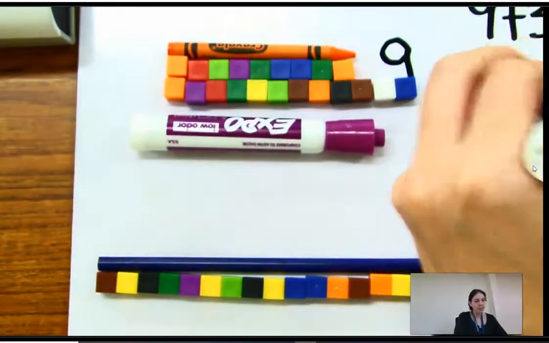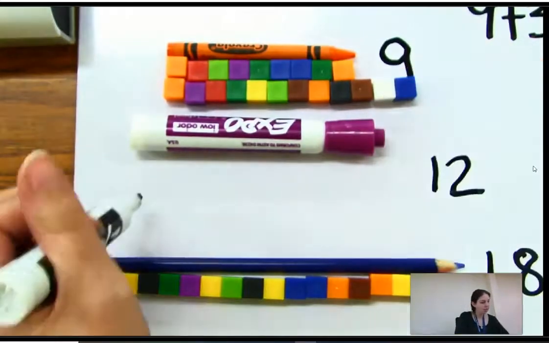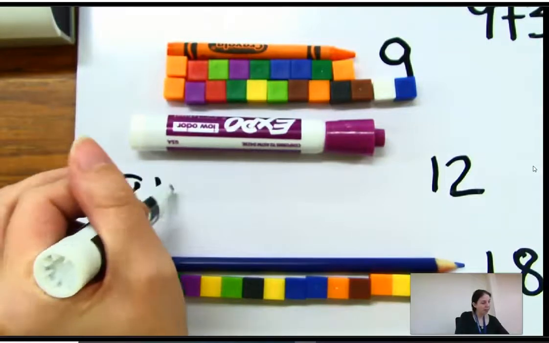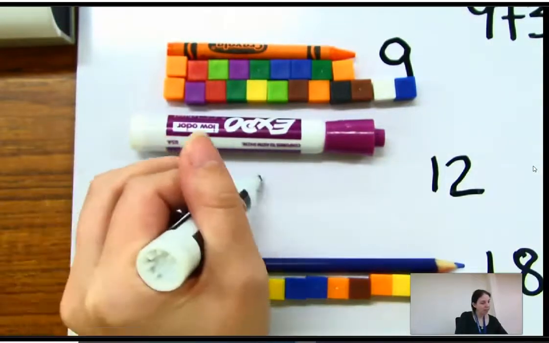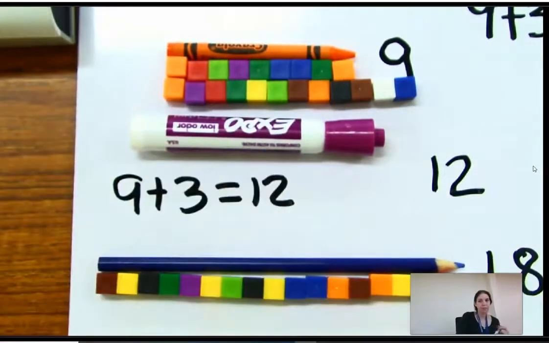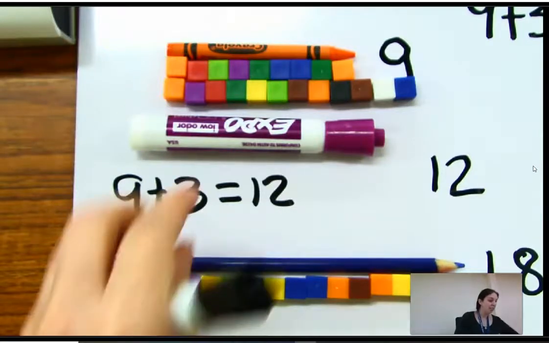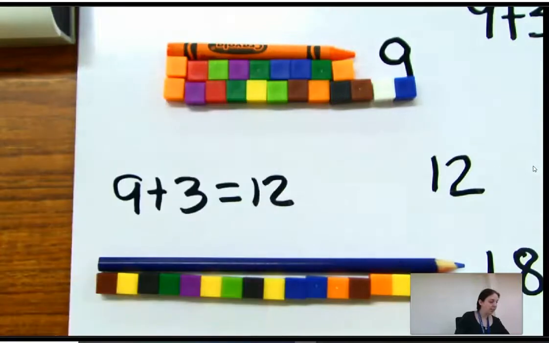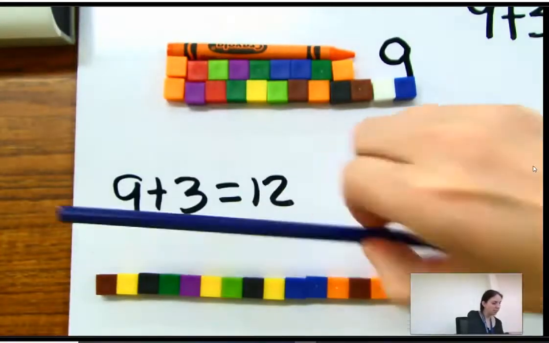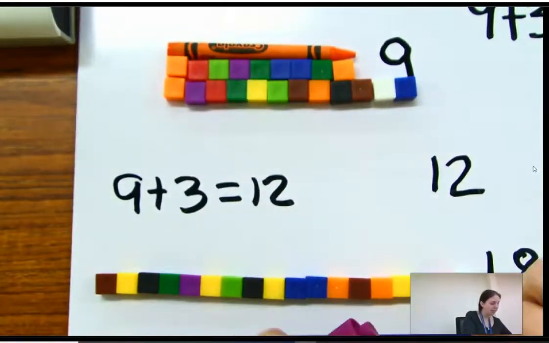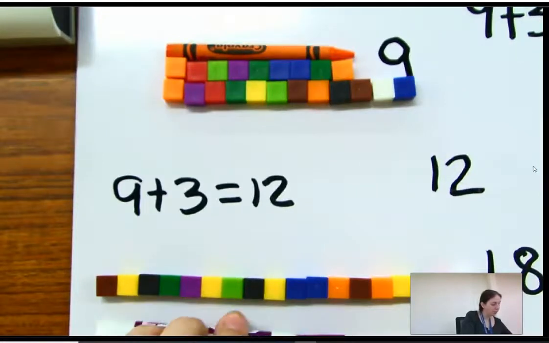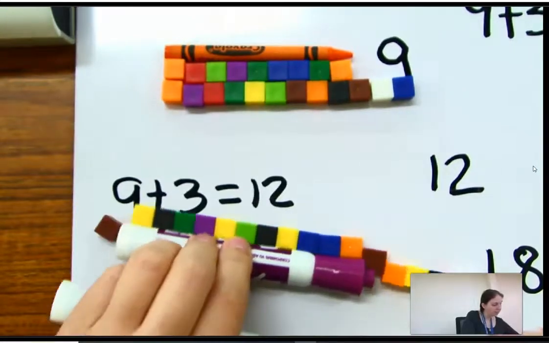Oh, you can't see that. I'll put it down here. 9 plus 3 equals 12. All right, let's compare the marker and the colored pencil. Let's see how we can do that. Maybe I can slide it up like I did with the other one.